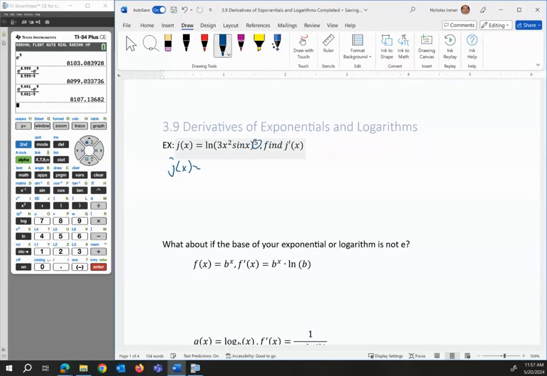This exponent that's inside can move to the front. I see multiplication, so I can split this into two smaller logs being multiplied. Notice I applied the 5 to both of them. The first one, I could even split up into two things being multiplied.